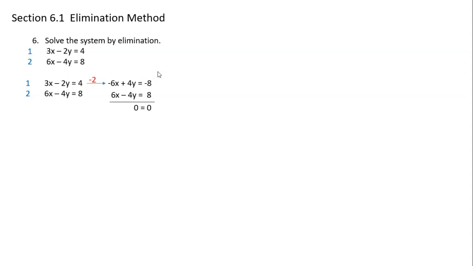So what does this mean as our solution? This means that our solution for the system is an infinite number of solutions. Again, you can think of it as two lines on top of each other. And since lines go forever to the left and forever to the right, we have an infinite number of solutions.